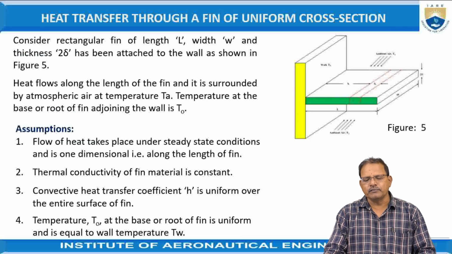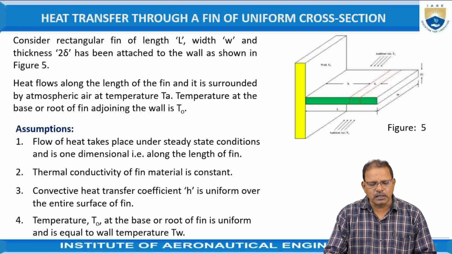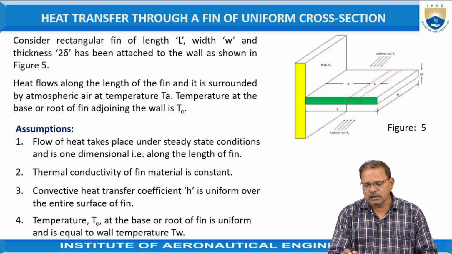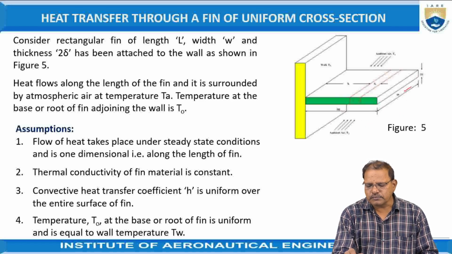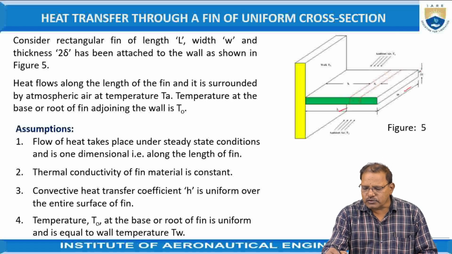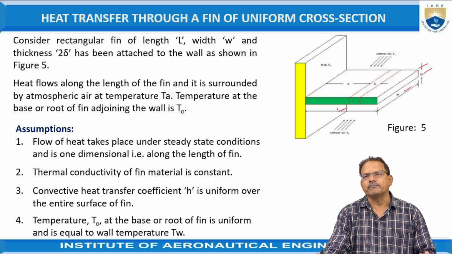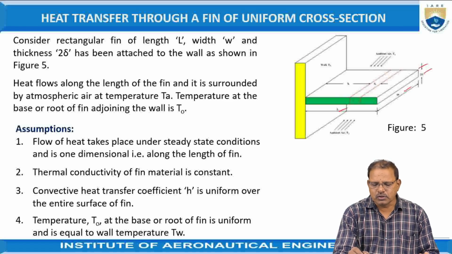Heat transfer through a fin of uniform cross section. Consider a rectangular fin of length L, width W, and thickness equal to 2 delta, attached to the wall as shown in the figure.